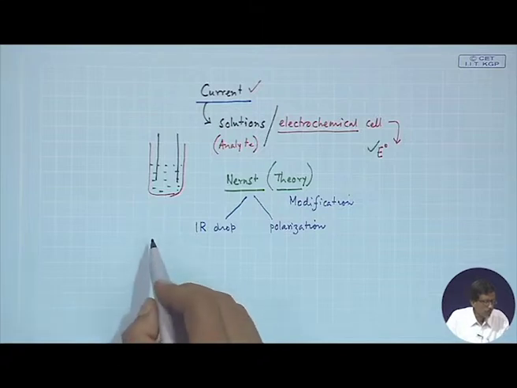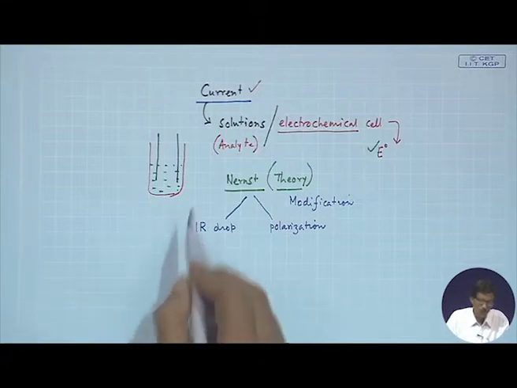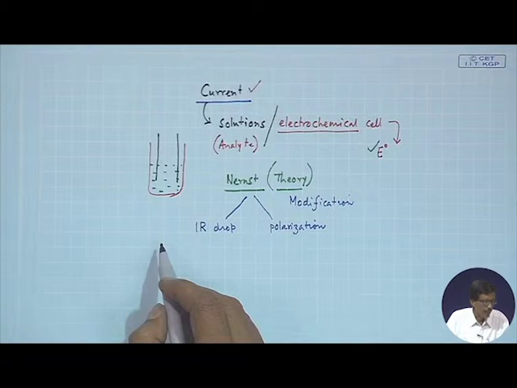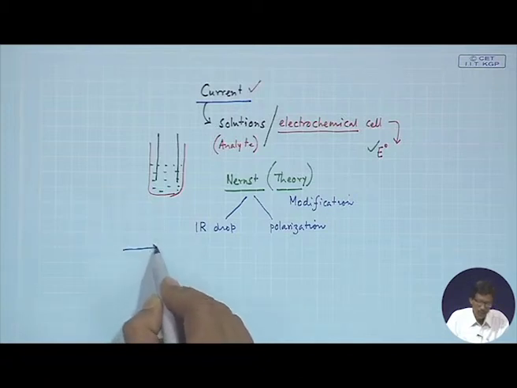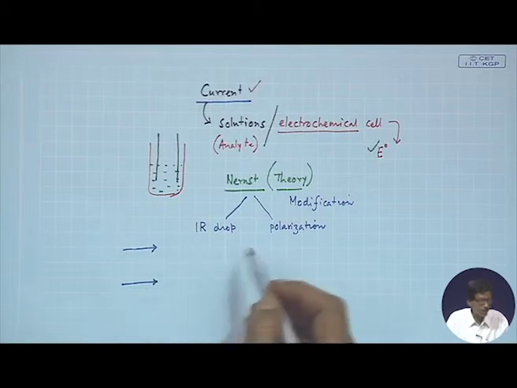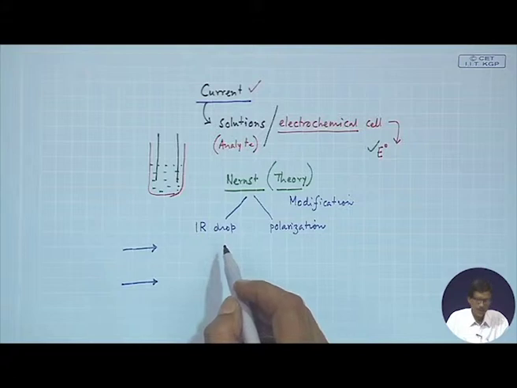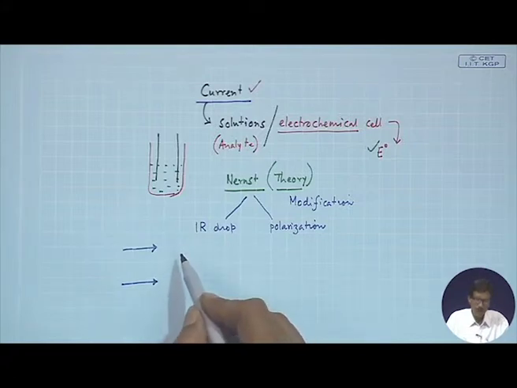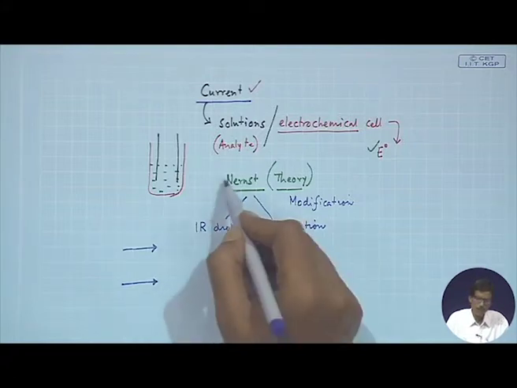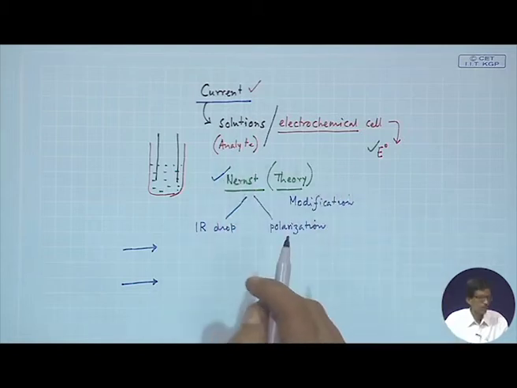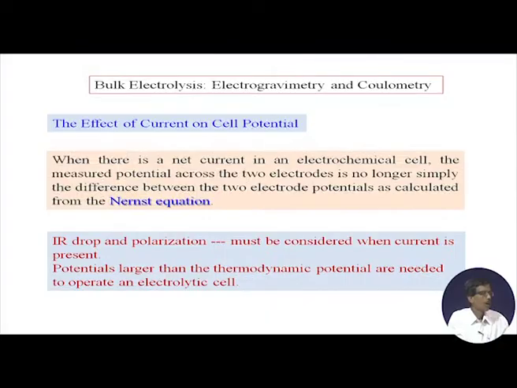So, basically we have to operate an electrochemical cell, and how we can operate a particular electrochemical cell such that what potential we should apply, and whether the potentials are larger or smaller than that of the thermodynamic potential, which we can calculate using the Nernst equation. So, IR drop and polarization both we should consider when there is a current.